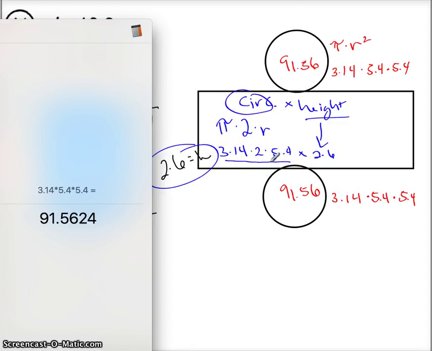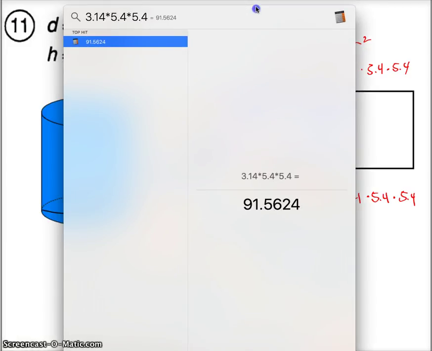Okay, so let's do 3.14 times 5.4, that's my radius, times 2. I wrote it in a different order than I did on my paper, but again, the order doesn't matter. It's multiplication. And then times 2.6, that's the height.